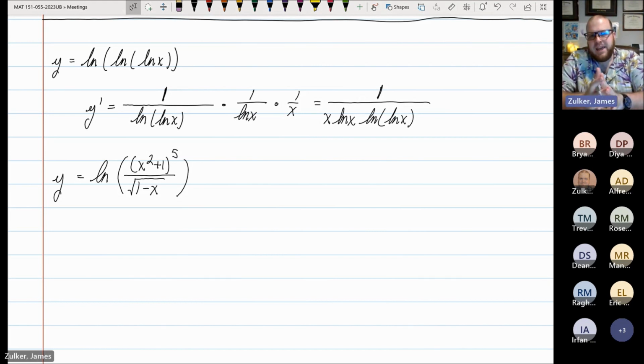Which is a pain. However, we can greatly simplify this problem by just rewriting it. Laws of logarithms will allow us to write this.